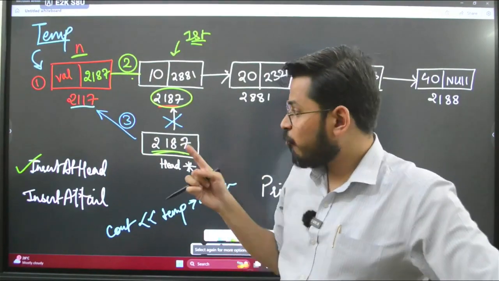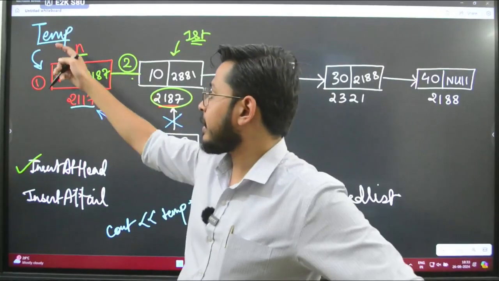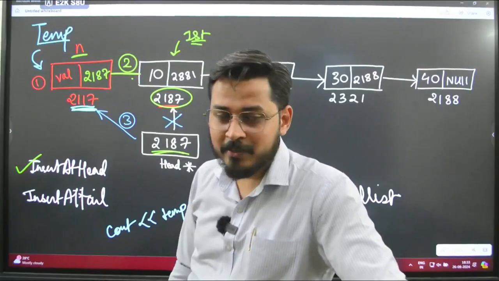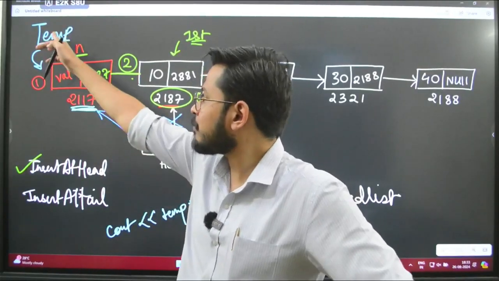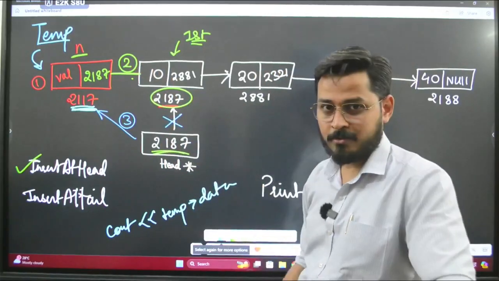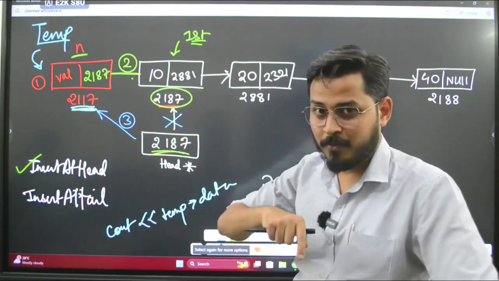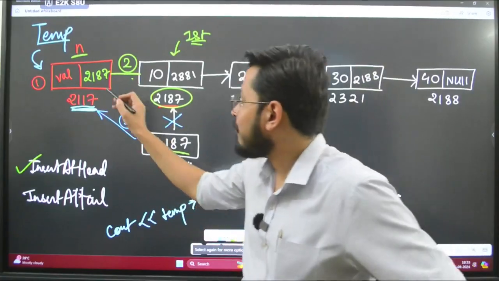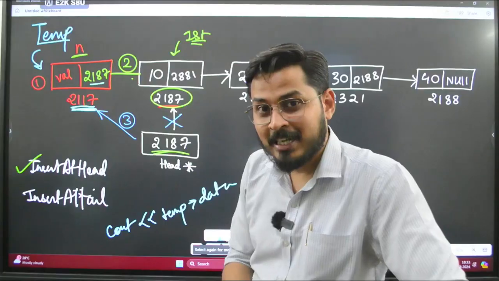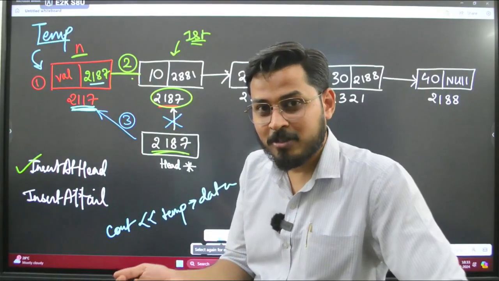You see, first the temp was standing there and temp was holding this 2117, right? 2117 was held by the temp. That means it was right here standing. Now I want 2187 to be stored in the temp. And where do we have that? We have it right here. So if temp accesses its own next, it will be able to jump to the next node.